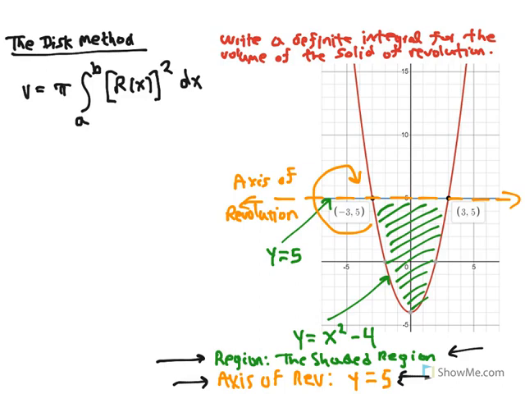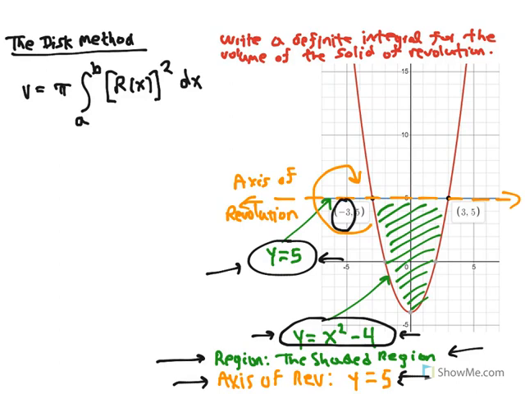The shaded region is bounded by the graphs of y is equal to x squared minus 4 and y is equal to 5. Of course, the graph of y is equal to 5 is a horizontal line, and the graph of y is equal to x squared minus 4 is a parabola. And you will also notice that the shaded region starts at x is equal to negative 3, and it ends at x is equal to positive 3.